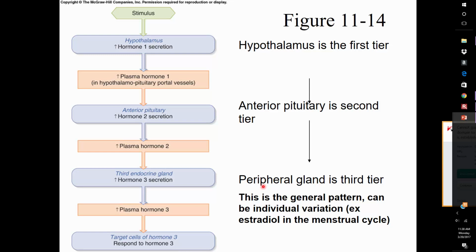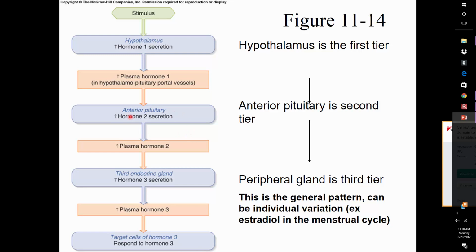So here's another way to think about those 3 tiers. There's some stimulus that interacts with the brain. And the hypothalamus, which is a part of the brain, makes a hypothalamic hormone. It goes into the blood and travels through that portal system. Then it goes to the anterior pituitary. That's the 2nd tier.